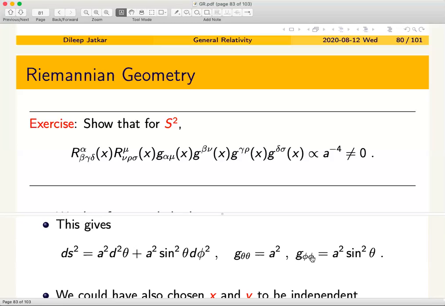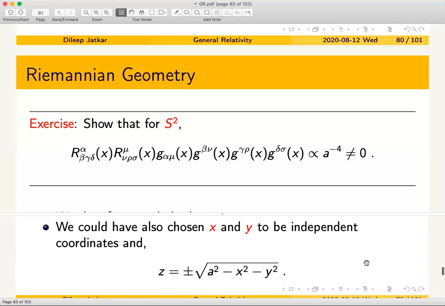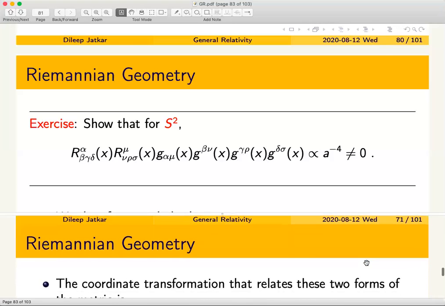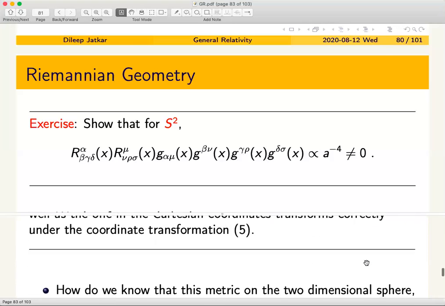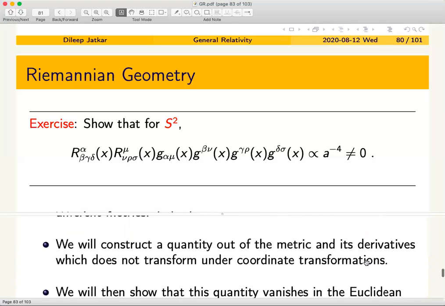So there is a good chance that your Riemann-Christoffel connection would be non-zero. In fact, it would be non-zero given the kind of form that you have, but you need to compute that, of course. I think that was one of the exercises. Not very sure, maybe I didn't give that as an exercise.